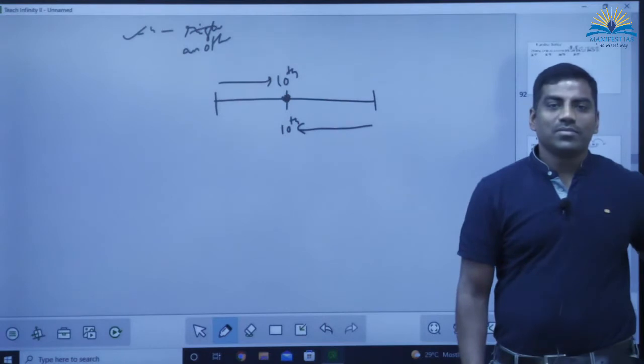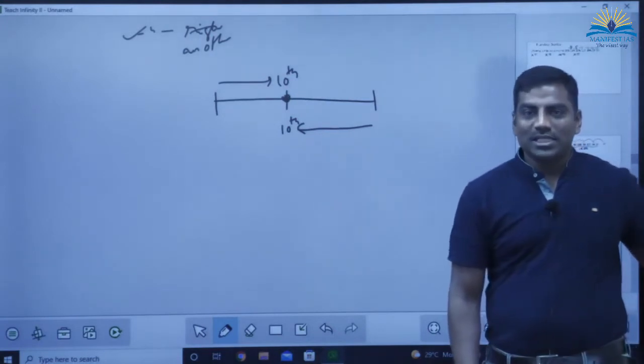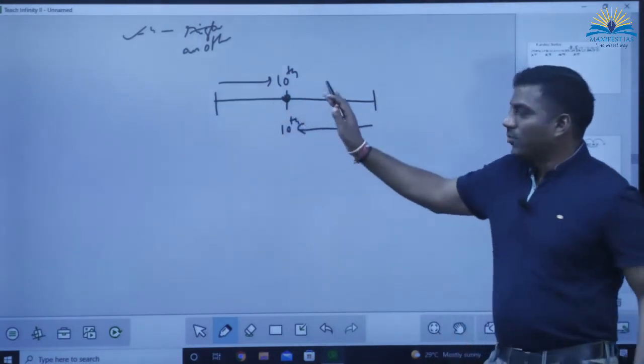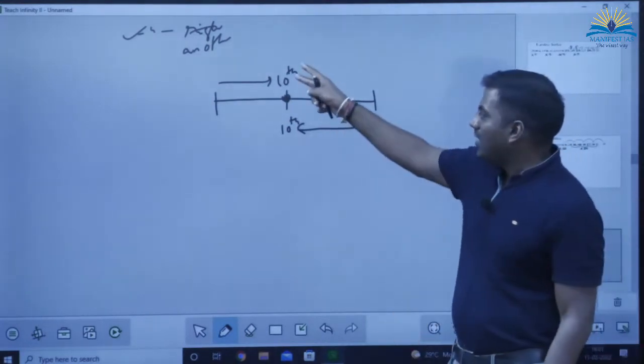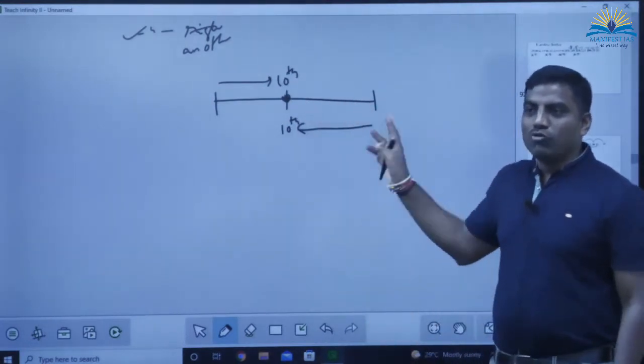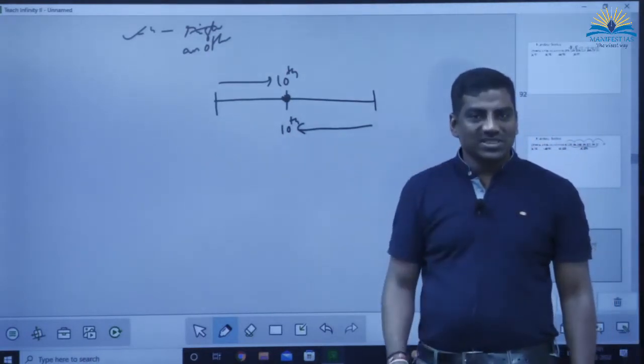Why not 20? This person is 10th from the left and also 10th from the right. If you add this 10 plus 10, you are counting this person double. So you have to discard that one.